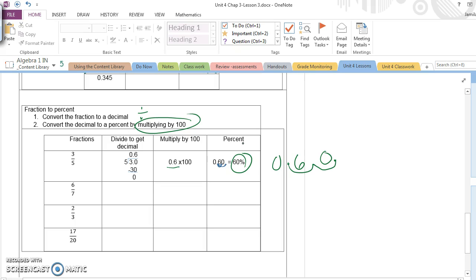Okay, let's do 6 over 7. So to get the decimal, we have to divide 7 into 6. Well, 7 doesn't go into 6. But 7 will go into 60. Let's think here. How many times will 7 go into 60? 7 times 8 is 56. So let's do 8.